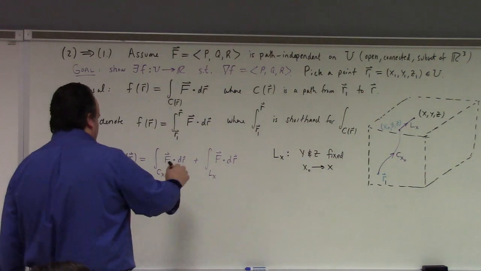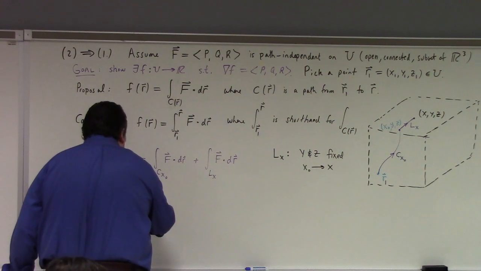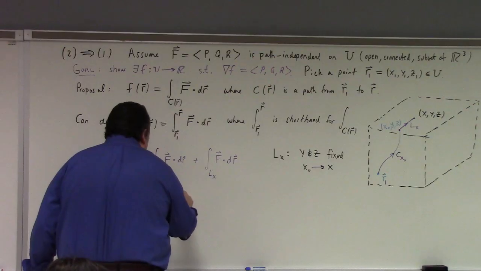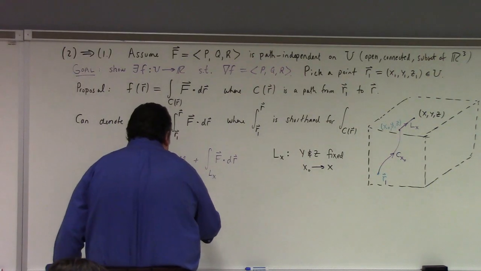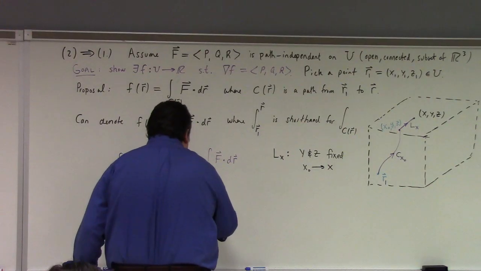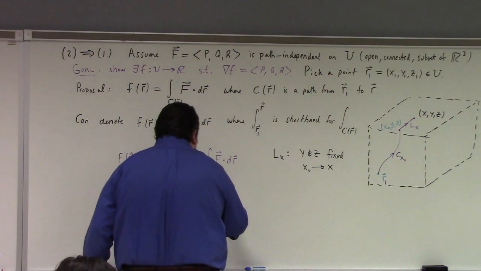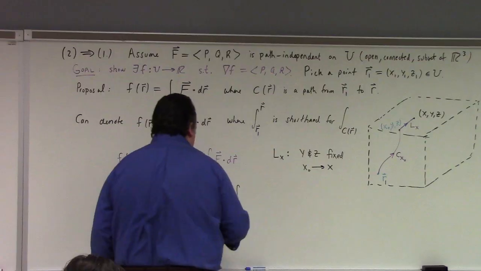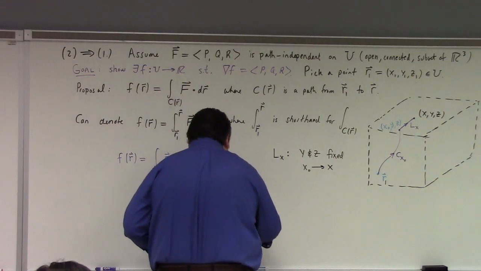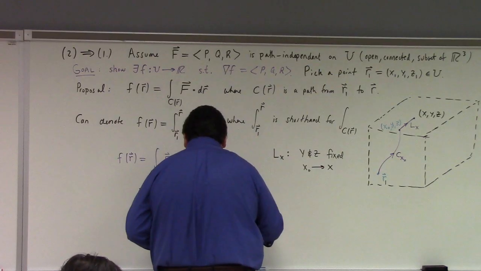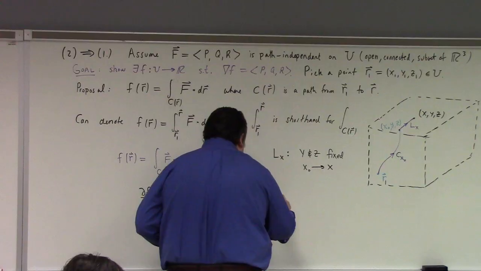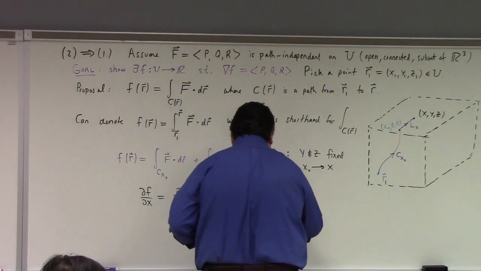So what I'm trying to claim here, guys, is that if we look at partial f partial x, which is partial x of the integral over this guy, plus the integral over Lx we can write down explicitly. That's the integral from x naught to x of p of t, comma y, comma z, dt.